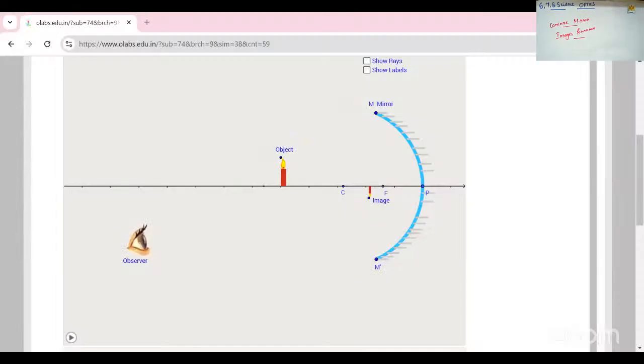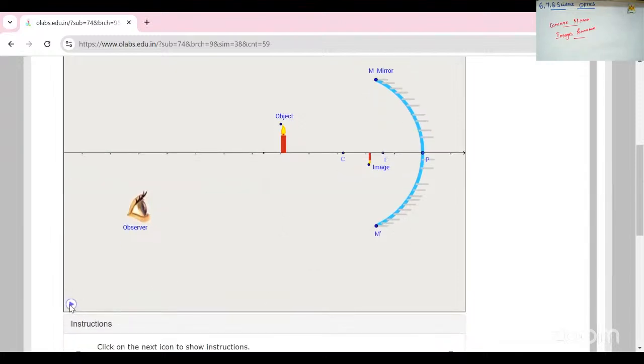With the help of the simulation, we are going to learn about the images formed in a concave mirror. The simulation will give a very good, clear idea about the images. How are the images formed? I already told you we are going to keep the object in different positions.